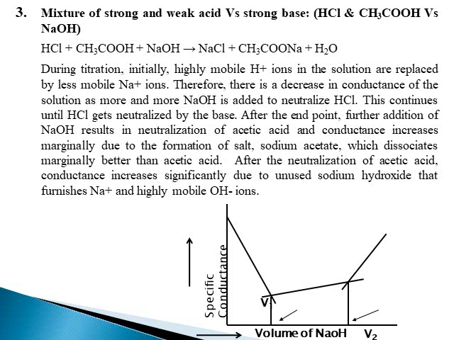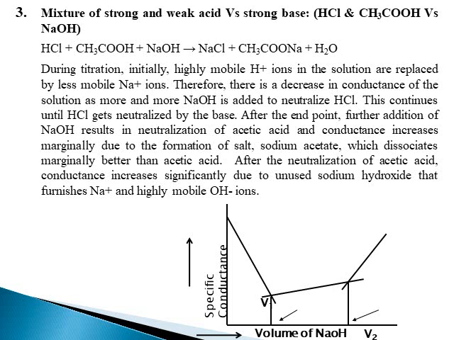That is, the incremental increase in the specific conductance will be observed when HCl has been completely neutralized by sodium hydroxide. Now, after the incremental increase, there is a continuous, significant increase in the specific conductance.